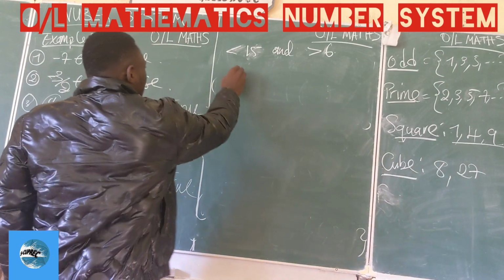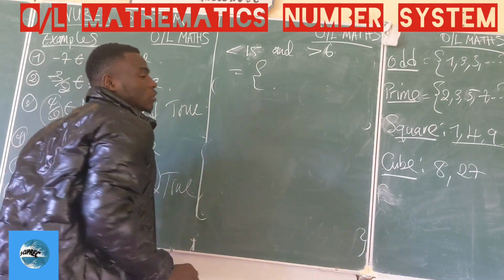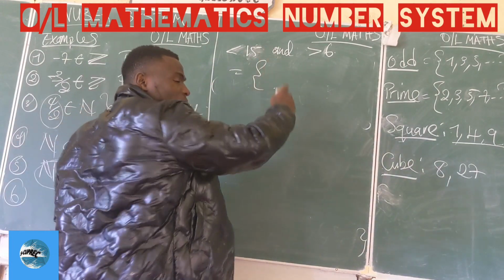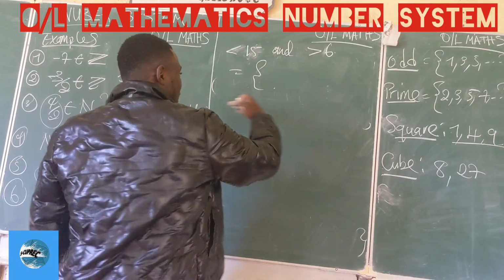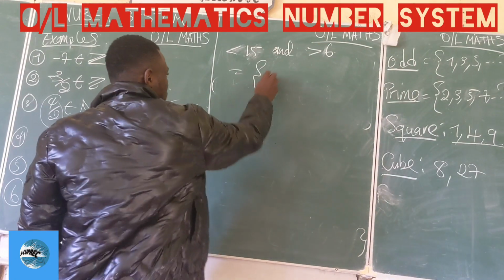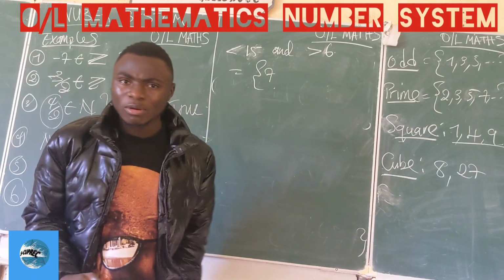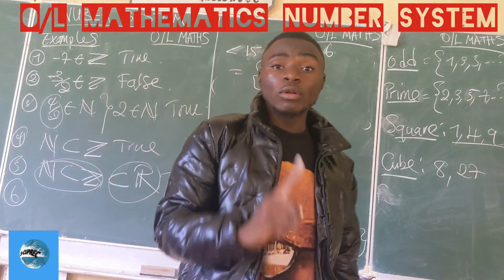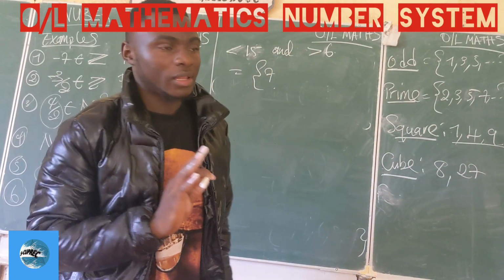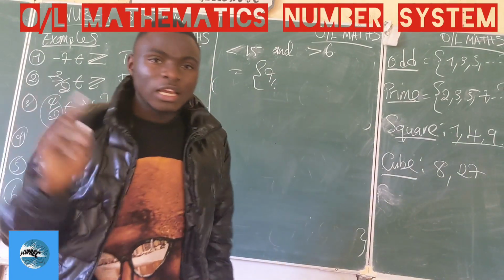Okay? So you want to answer this question. What are we going to have? We begin from something greater than 6. The next number to 6 is what? 7. So we begin from 7. Is 7 a prime number? Yes. Because it can divide only 1 and itself without a remainder. We go to 8. Is 8 a prime number?